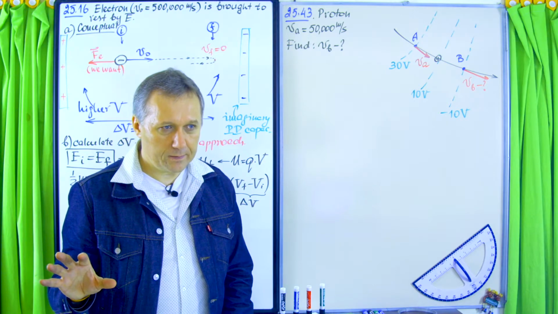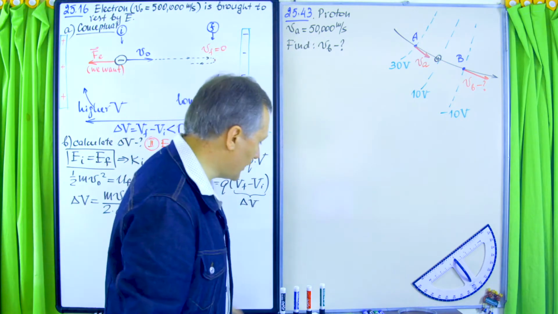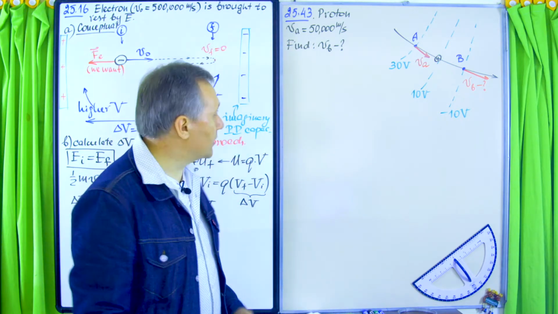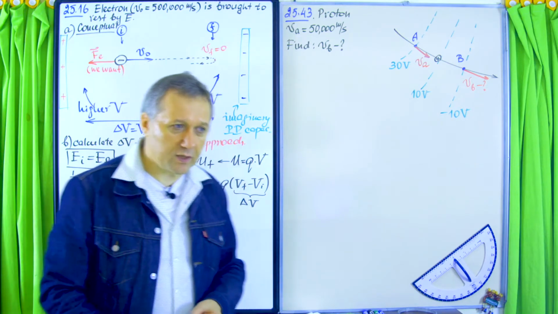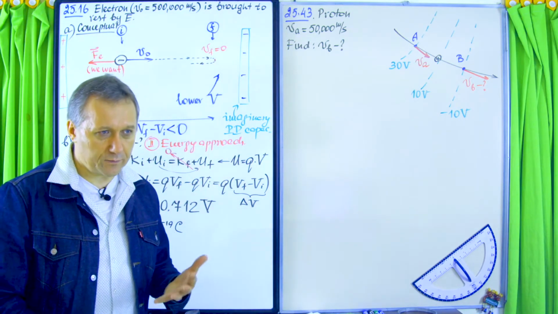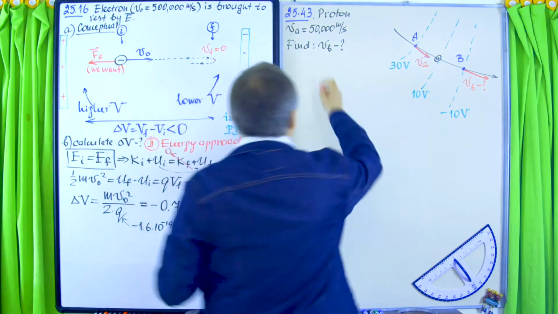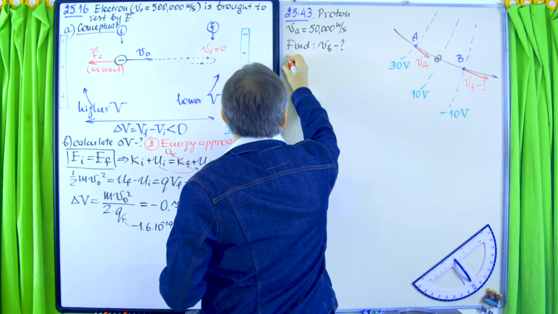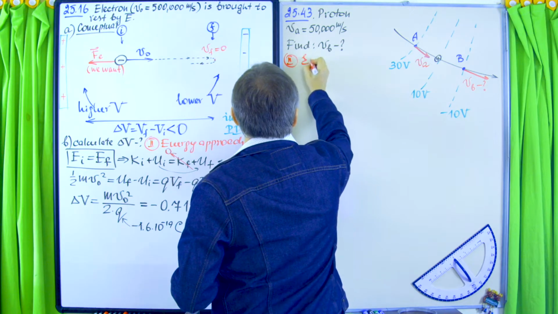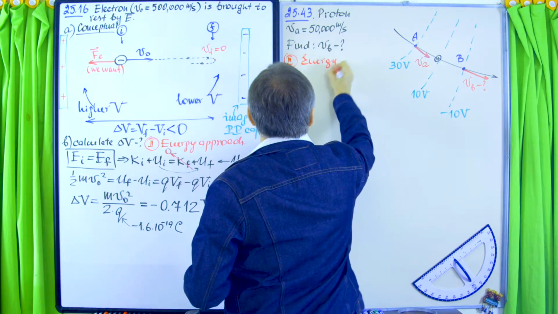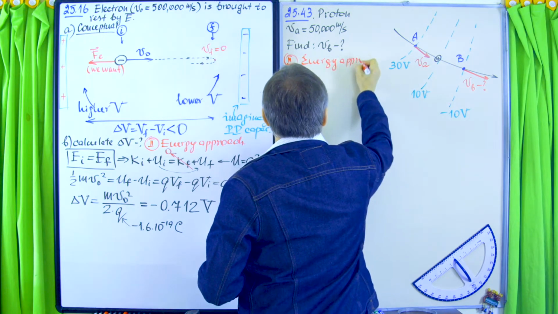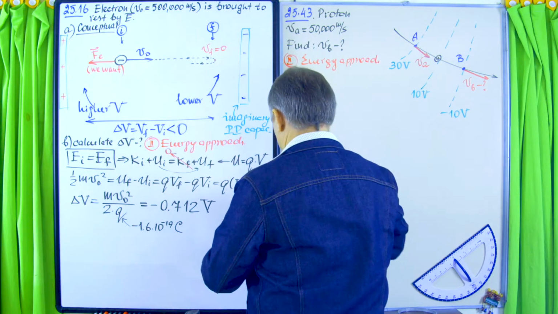All right. Once we justify that, application of the energy approach in this case shouldn't be difficult for you. Similar steps, right? So again, let me write: option 2, energy approach again.